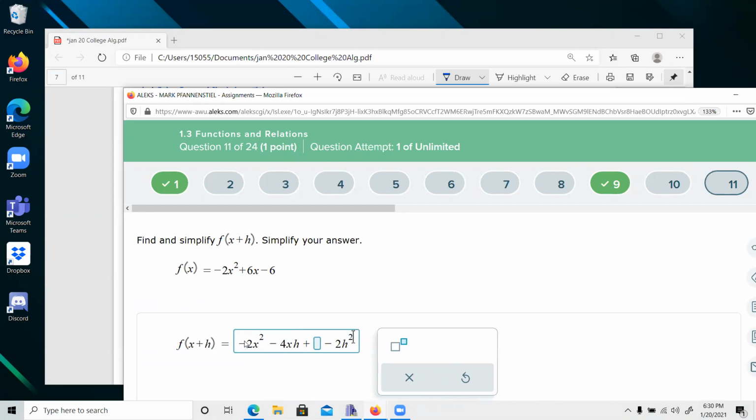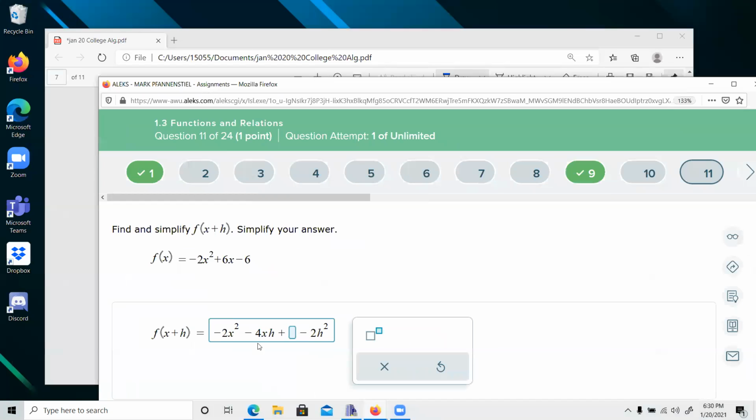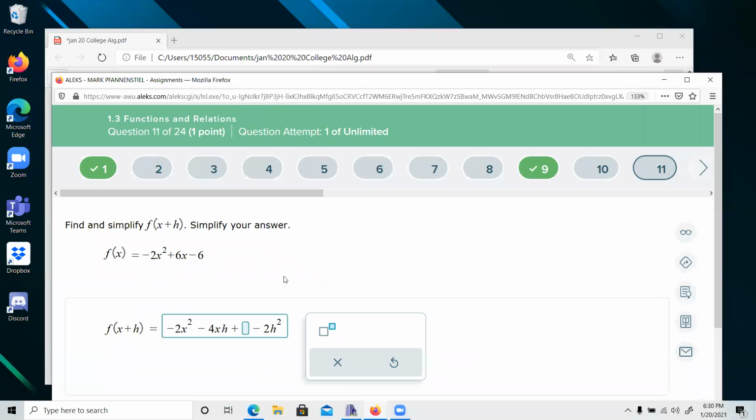Let me double check my values over here. Oh, these are all minus. Okay, we're good. And then plus 6x plus 6h, and then finally minus 6. And there we go for what they want us to do here.